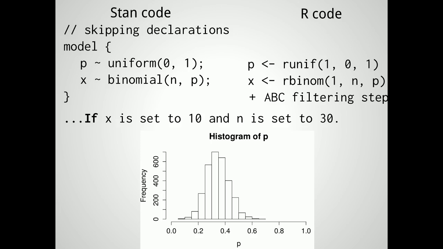Now, it's very important to understand that Stan is not actually doing the same as the R code. It does give similar output, but it does not run an approximate Bayesian computation routine. Internally, it doesn't first sample p from a uniform distribution. Stan uses a Markov chain Monte Carlo algorithm that walks around the parameter space, here just the one-dimensional parameter space of p, where, if everything worked, the records of this walk will be distributed as the posterior distribution.